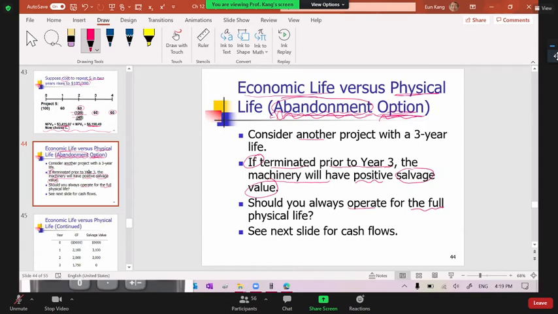For example, gang membership, right? It's hard to abandon the membership. Sometimes there is a huge beating or even death, right? So you know how important the abandonment option is.